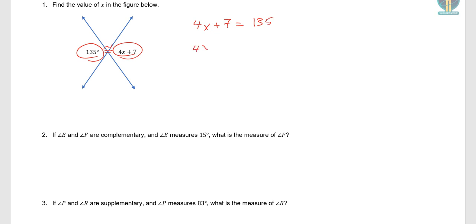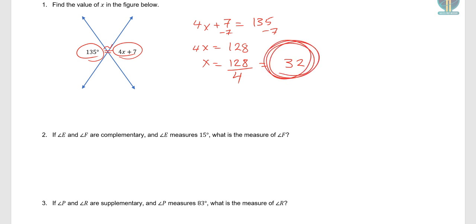So 4x equals 135 minus 7, we just subtract 7 from both sides. 135 minus 7 is 128. So x equals 128 over 4, which is equal to 32.